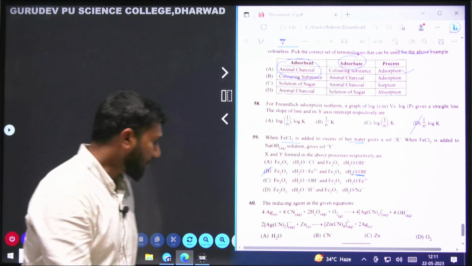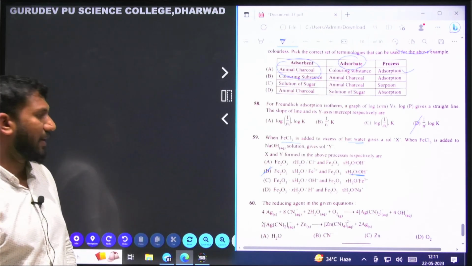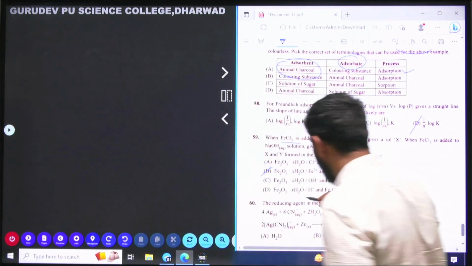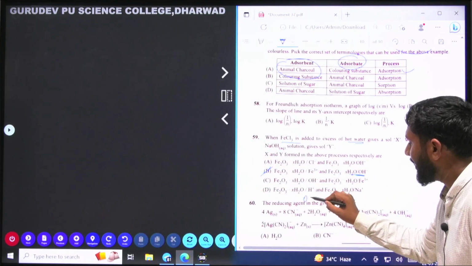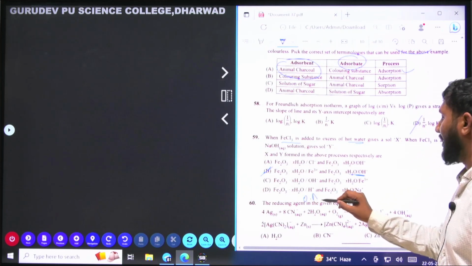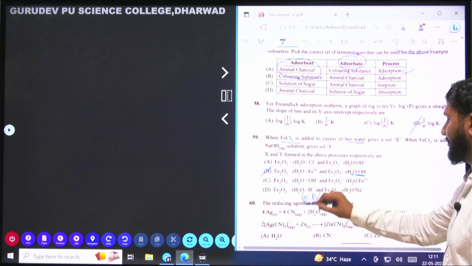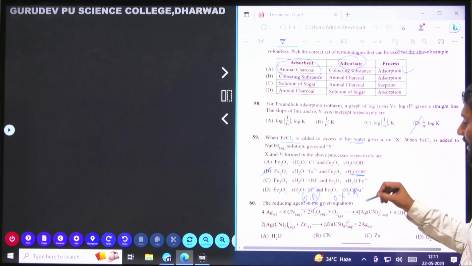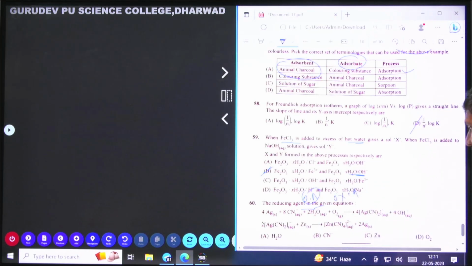Okay, last question. The reducing agent in the given equation is... Reducing agent means it reduces other substances by oxidizing itself. So to be a reducing agent, it will undergo oxidation while reducing the other substances.